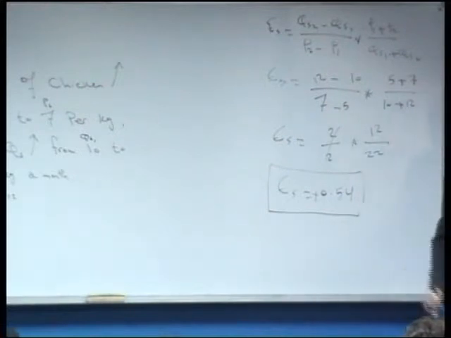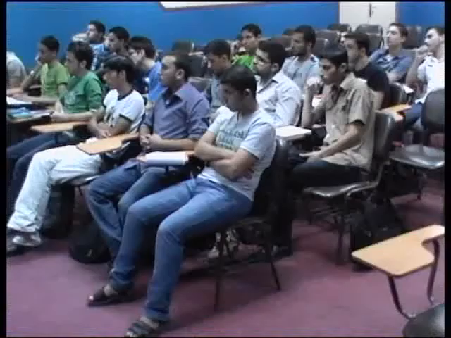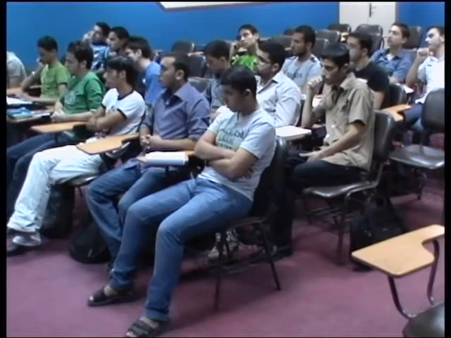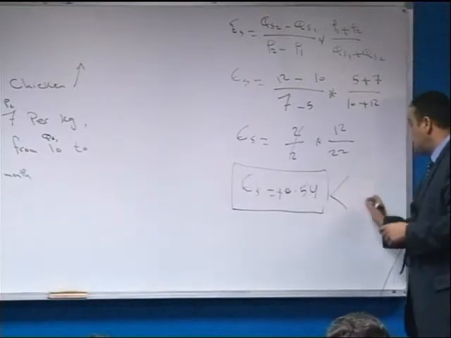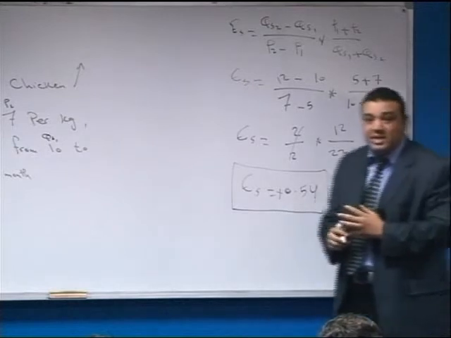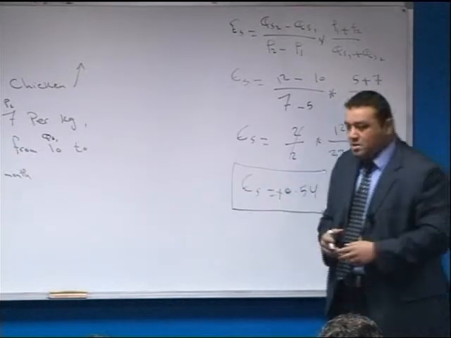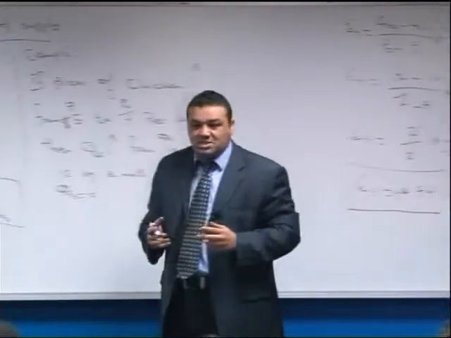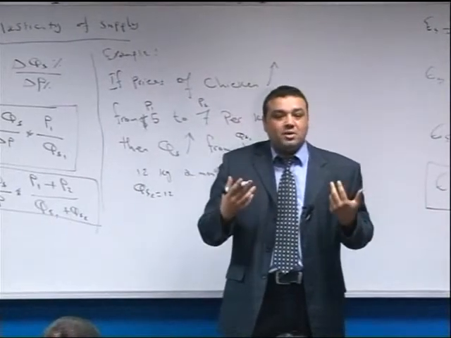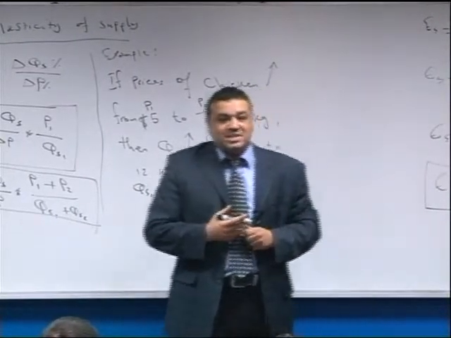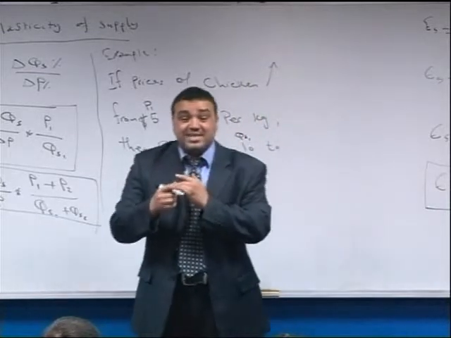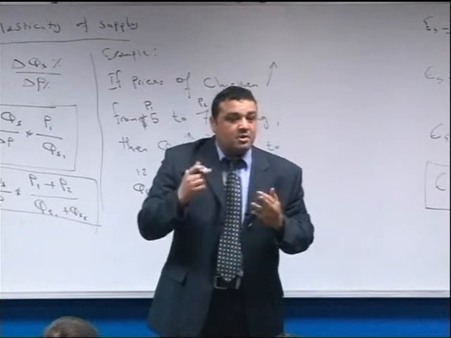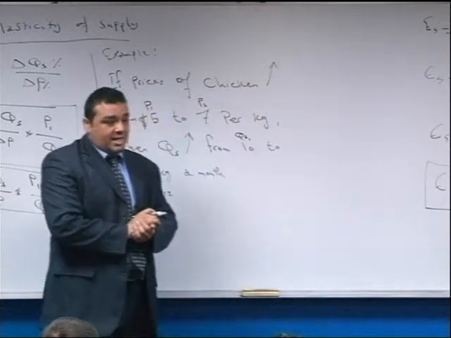So as you see, the value of the price elasticity of supply is less than 1. So the supply is inelastic. Let's go to the diagram analysis to understand when the supply is elastic, inelastic, unitary, and perfectly elastic and inelastic.